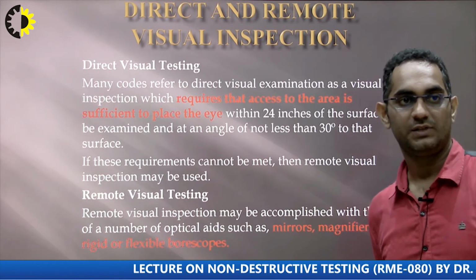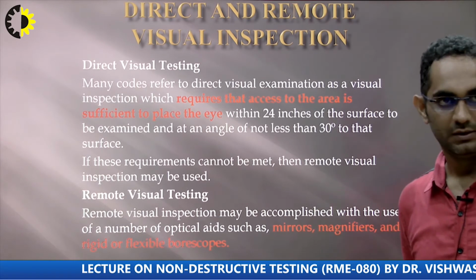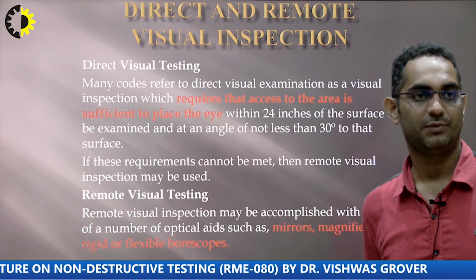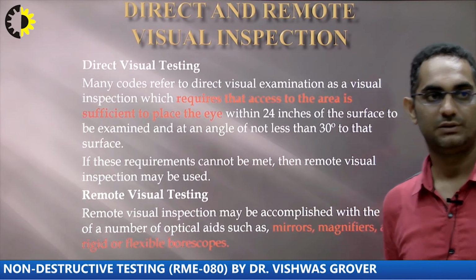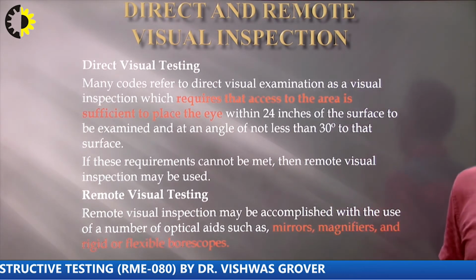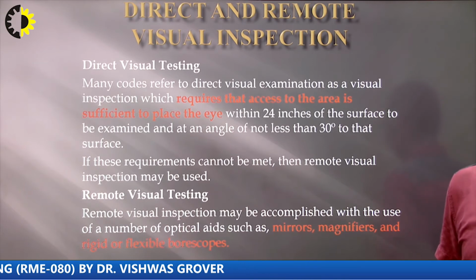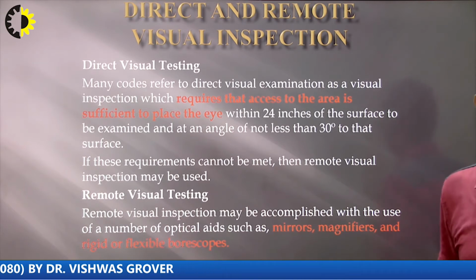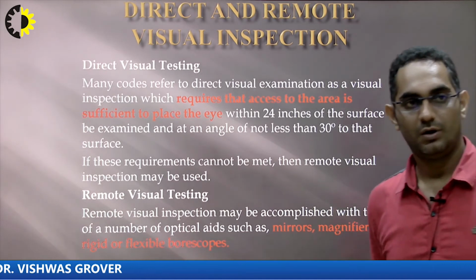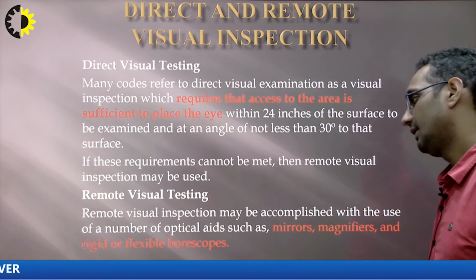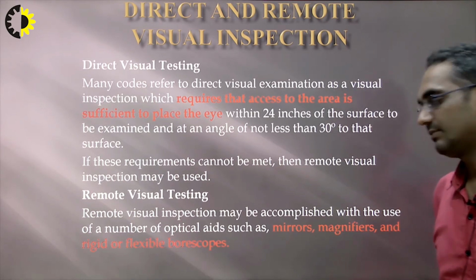If these requirements cannot be met, then remote visual inspection may be used. Remote visual inspection may be accomplished with optical aids such as mirrors, magnifiers, and rigid or flexible borescopes.